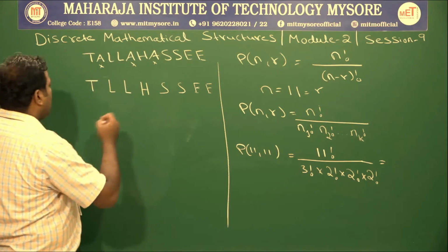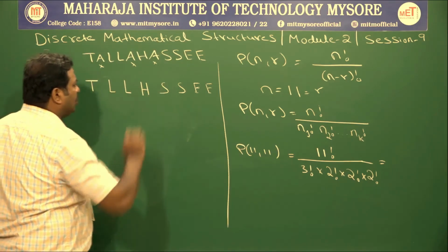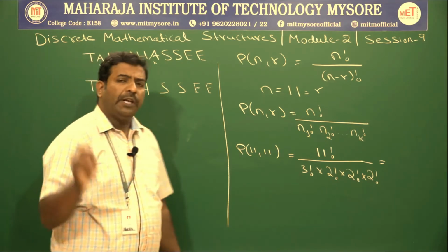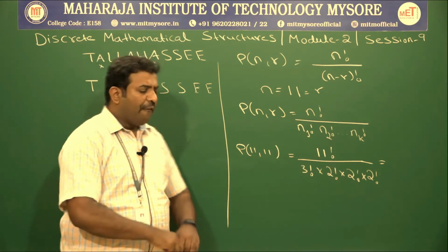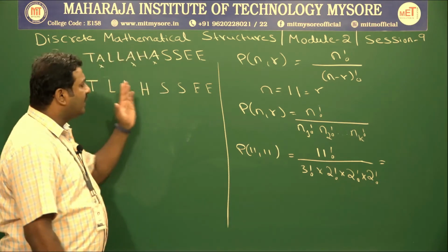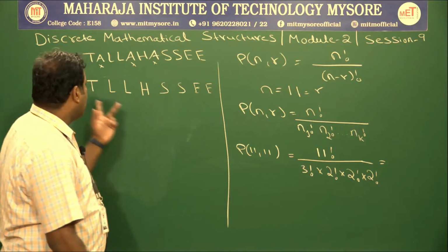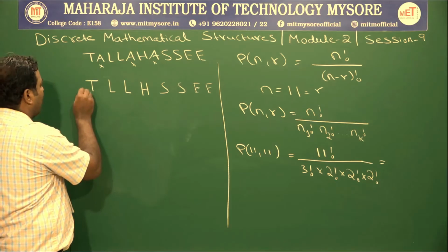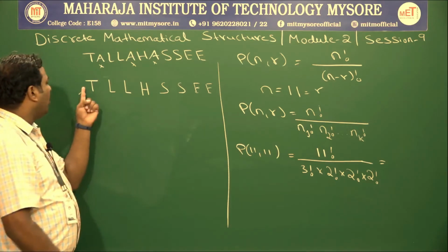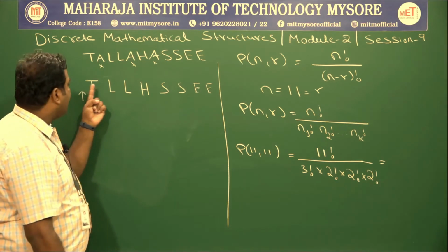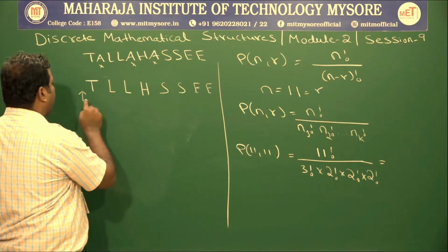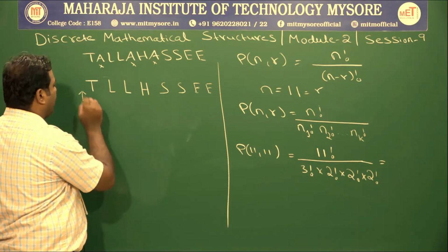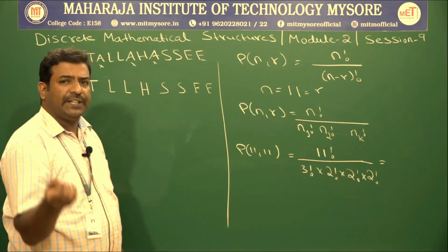So just find how many positions are available where I can insert the A's. I can insert an A over here. If I insert 1 A here, I can insert the second A only after the next character, because I cannot insert it immediately after this A, which makes it adjacent.